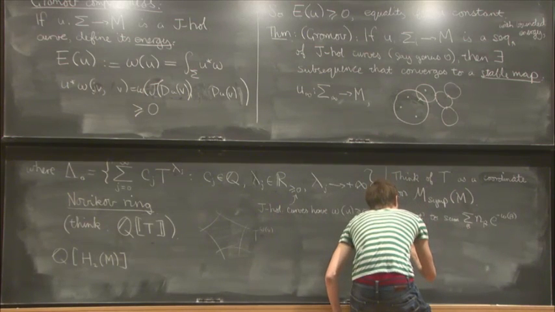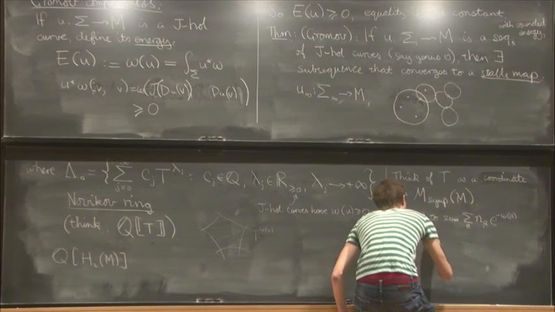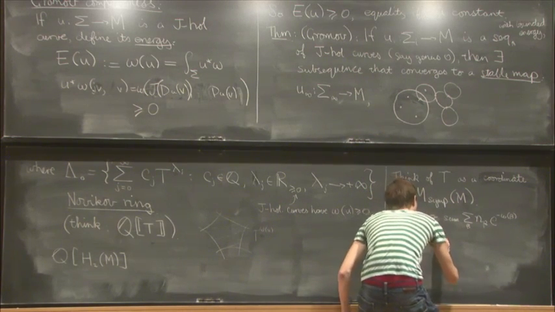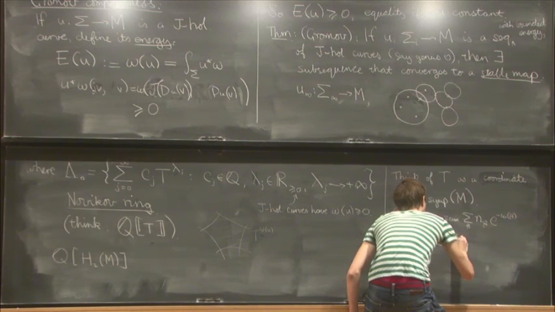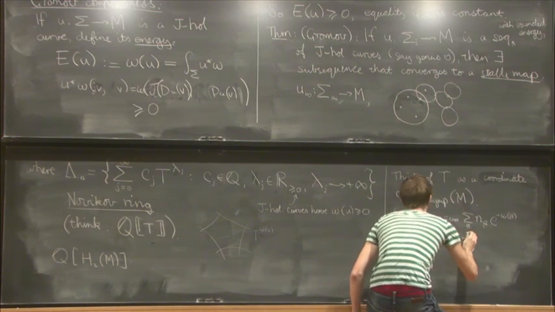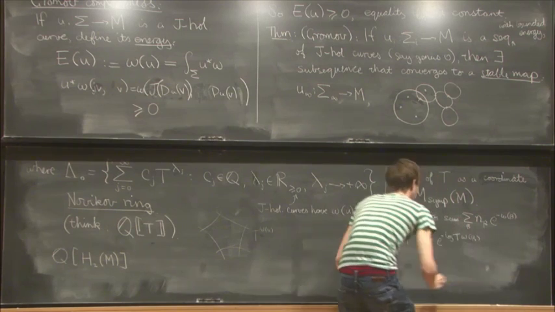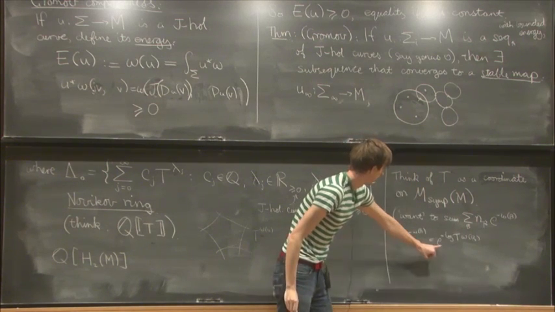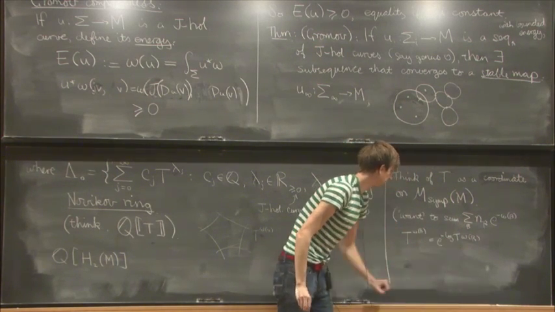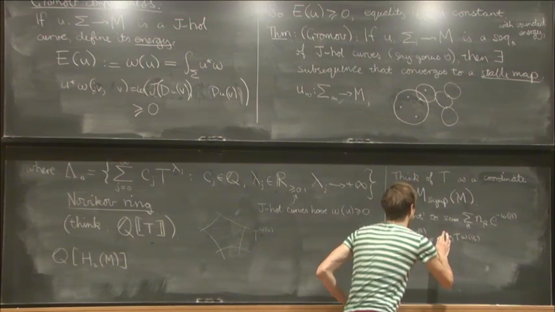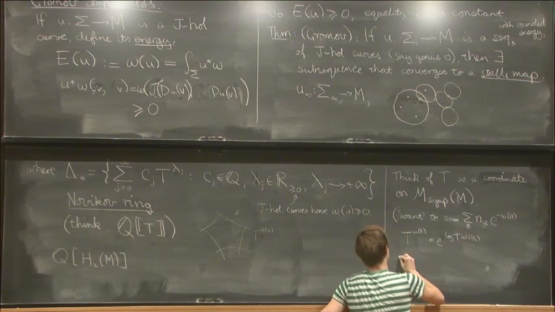But of course, t to the omega of beta is e to the minus log t omega of beta. So, sorry, e to the log t omega of beta.